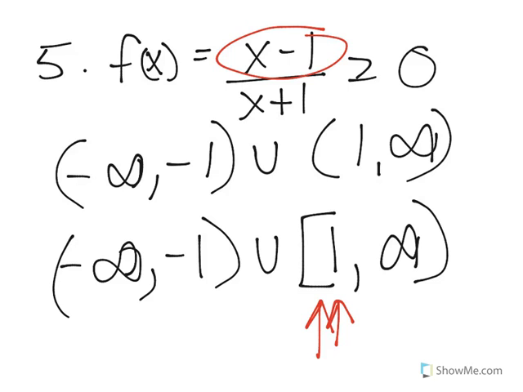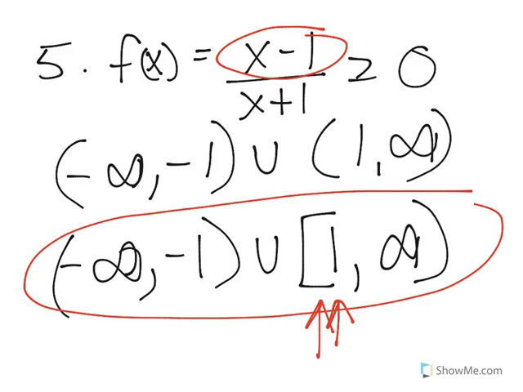We did not mess with the negative 1 because we're not talking about the denominator. When the denominator is set equal to 0, that's when we use the negative 1. Well, that's when we know x plus 1 equals 0, x is negative 1. But we're not looking at that. We only look at the numerator here, x minus 1, positive 1, and that's how we arrive at this solution right here.